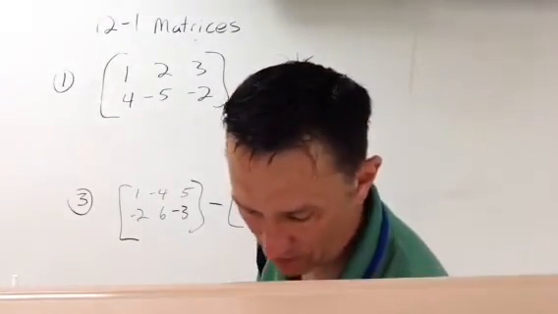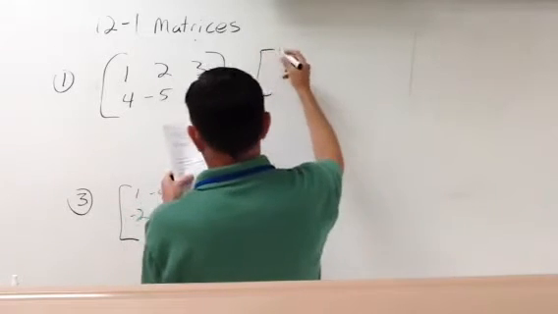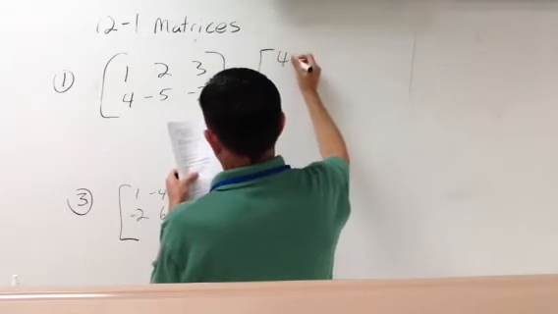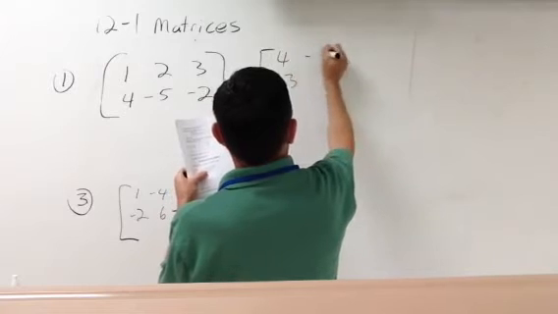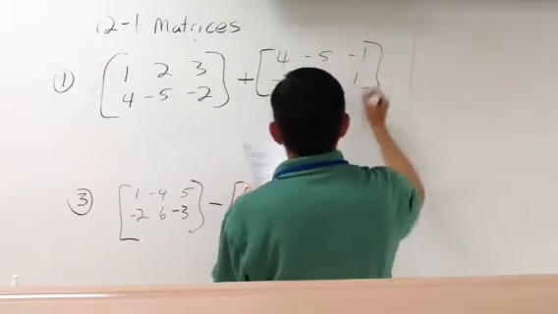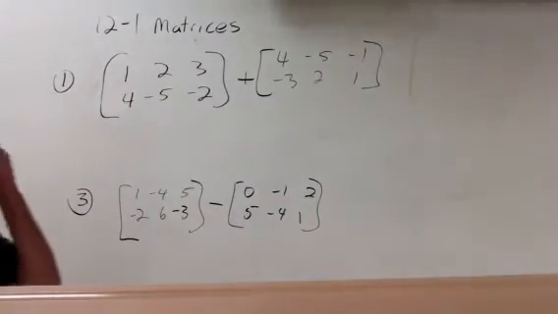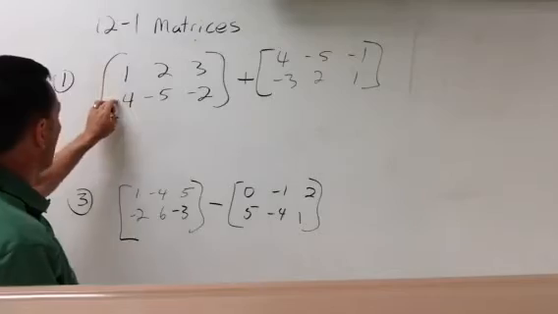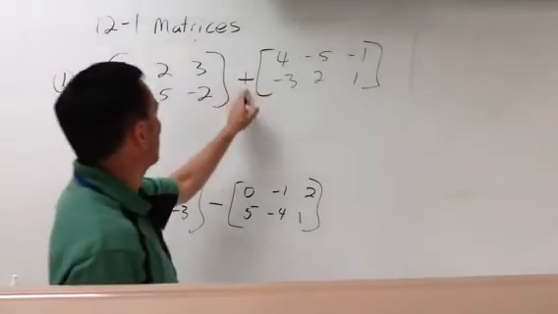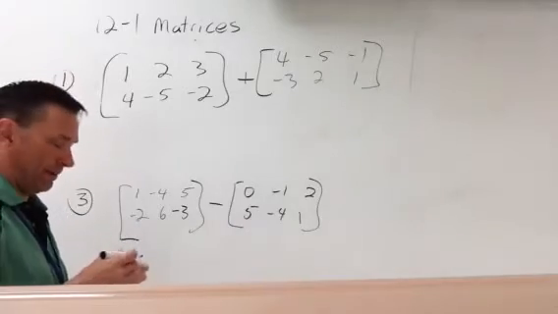So our first problem that you might see in our notes is this. We want to add these up. As you can see, both are 2 rows by 3 columns, so we can add them.